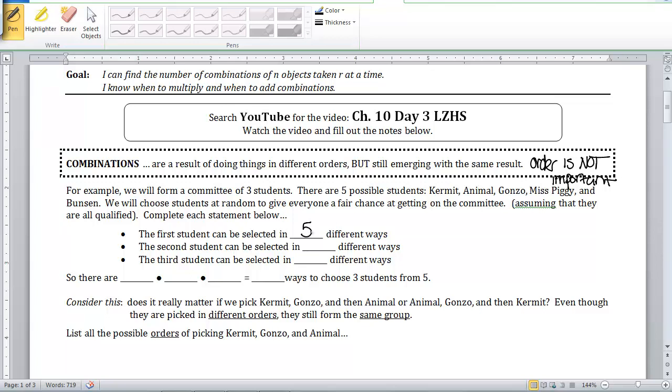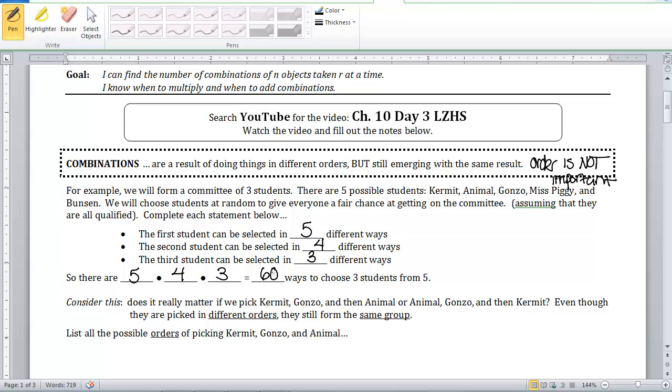The second student could be selected in, we've already chosen one of the 5, so now there's only 4 different ways. And the third student we could only choose in 3 different ways, because by the time I'm selecting the third, I've already selected 2 of my 5. So following our basic counting principle, we have 5 times 4 times 3, which is 60 different ways to choose 3 students from 5.